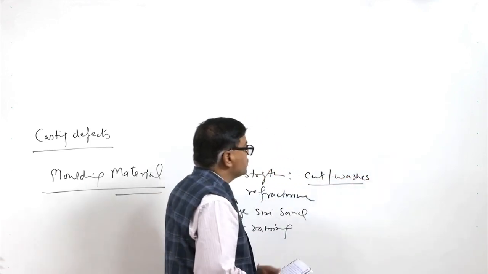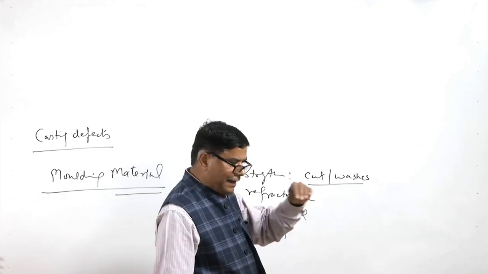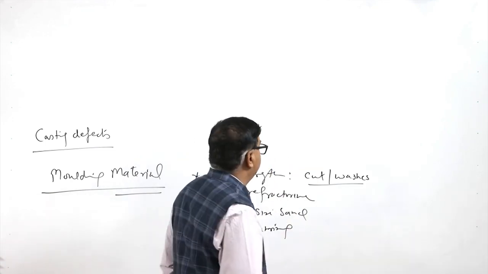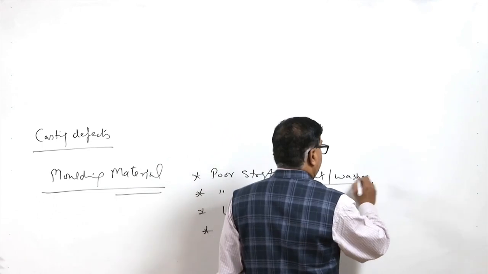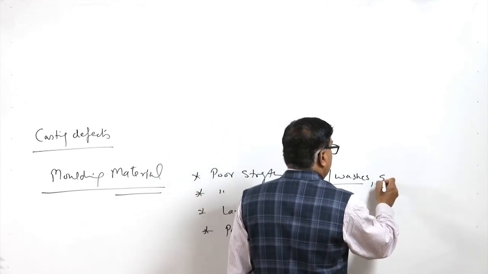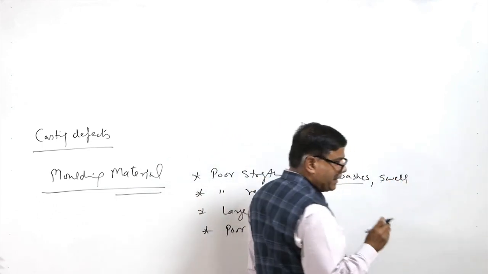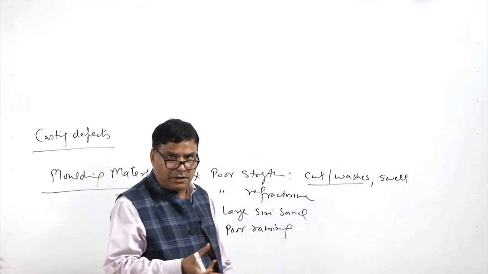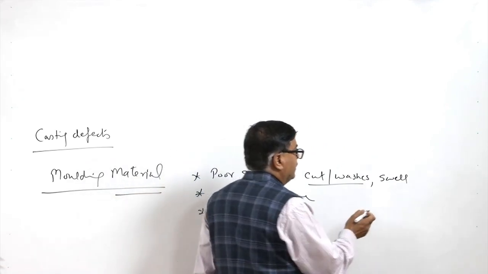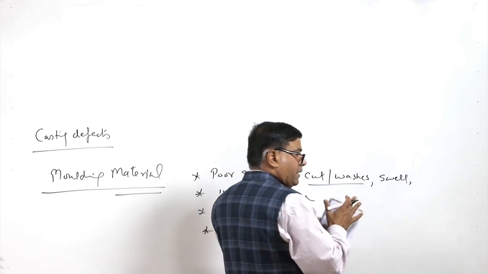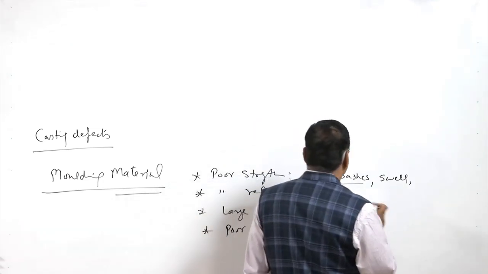It is just like erosion of the sand wall due to the turbulent flow of the molten metal. Then swell is another, where the mold wall is not able to take the metallostatic pressure of the molten metal, then the walls shift and swelling takes place.